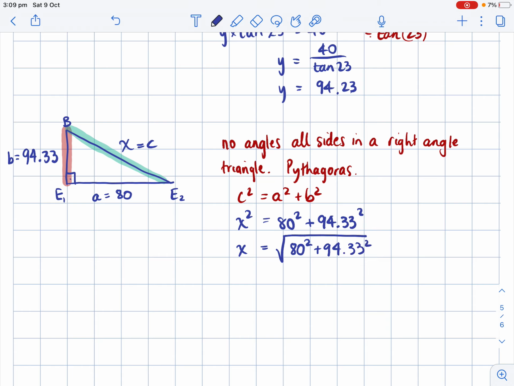I'm going to do this all in one step on my calculator. So square it, and then take the square root of the answer. And I get 123.612.